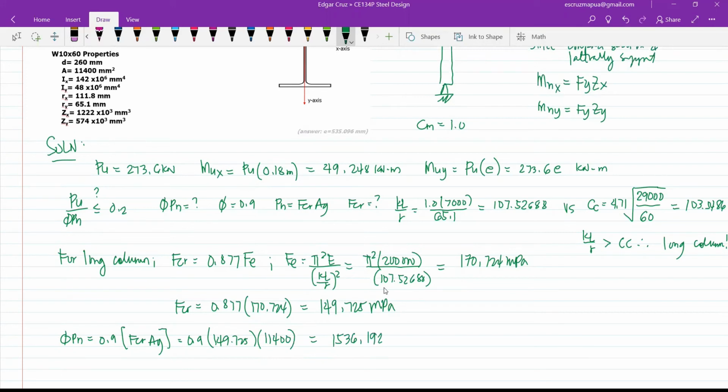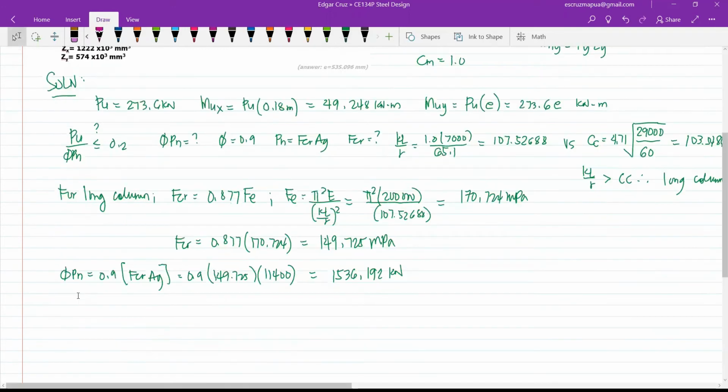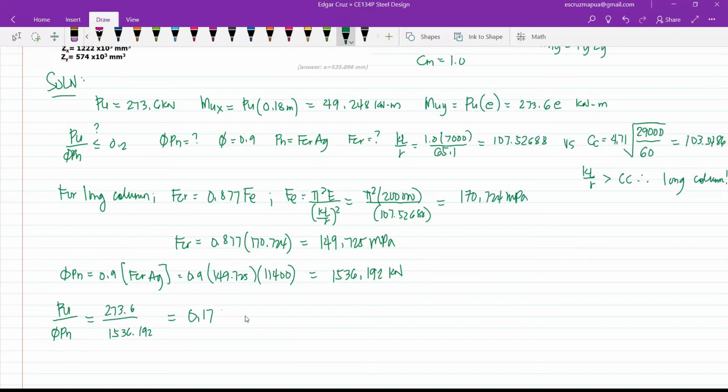Okay, so that is in kilonewtons na yan. So finally, with that phi PN, we could solve for the ratio. So therefore, the PU divided by the phi PN equals 273.6 divided by 1536. So the ratio is 0.1781. And that is less than, diba? Less than 0.2.